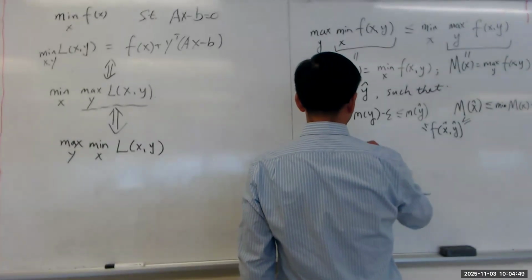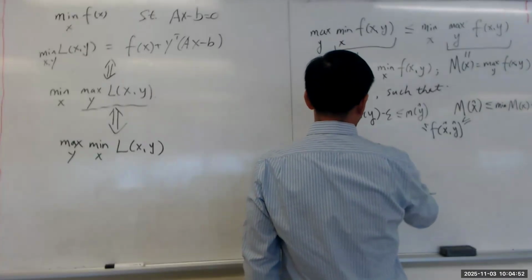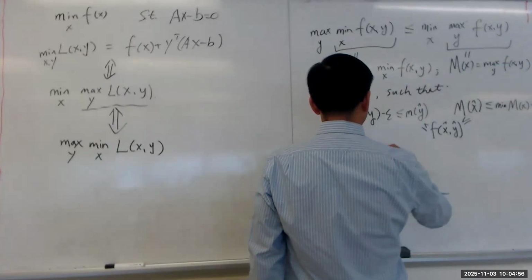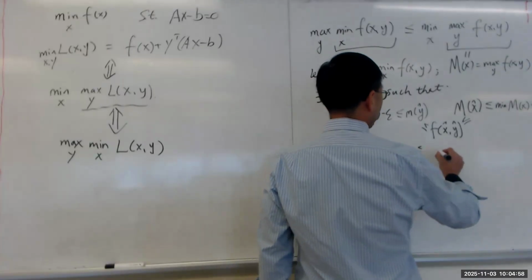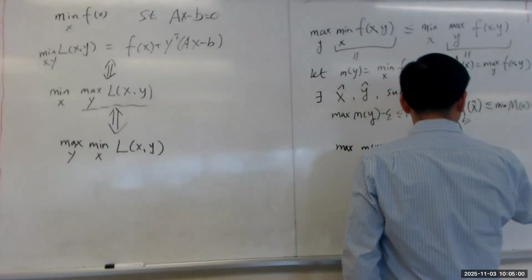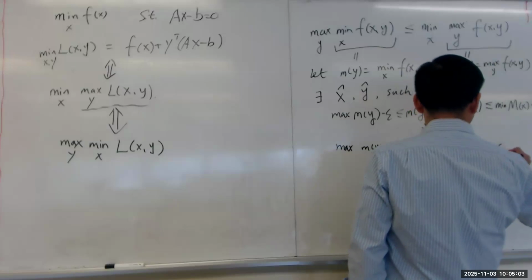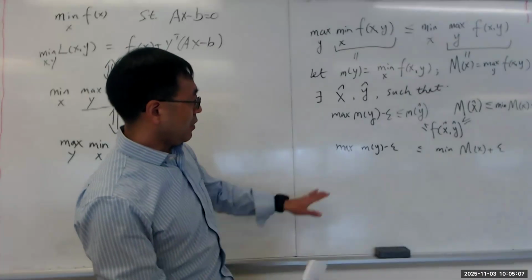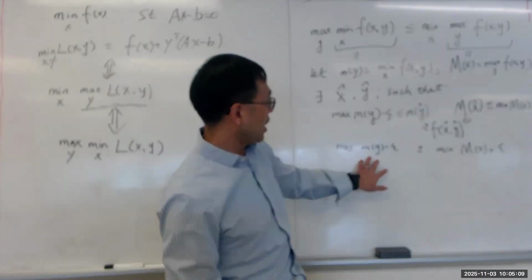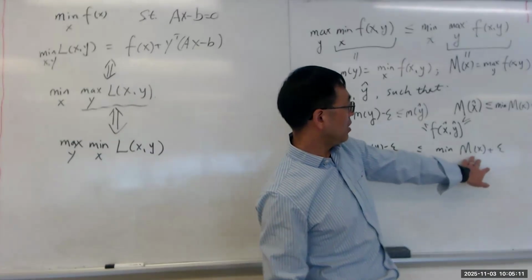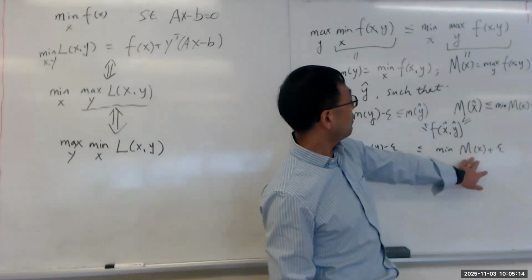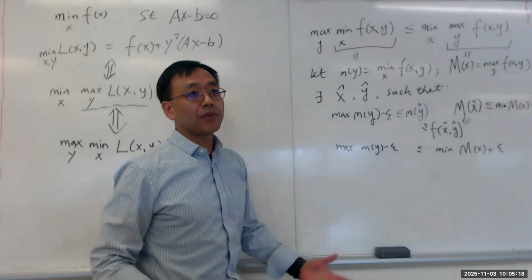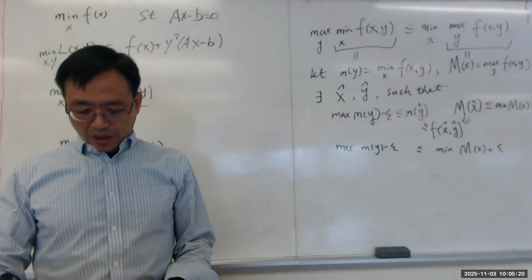So therefore, the maximum of the minimum of f minus epsilon is less than or equal to the minimum of capital X minus epsilon. If we let epsilon go to 0, then we have the maximum of small f less than or equal to the minimum of the max of f of y. So therefore, we have the original claim.